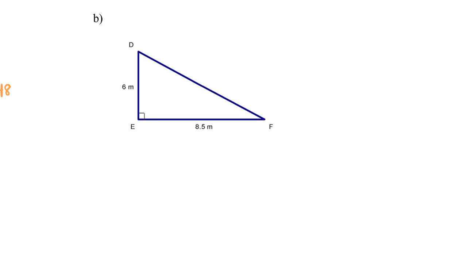Okay. You take a look at what information was given on the diagram. Angle E, side F, side D. What you need to find: angle D, angle F, side E. Okay, you need to find those three blue things.